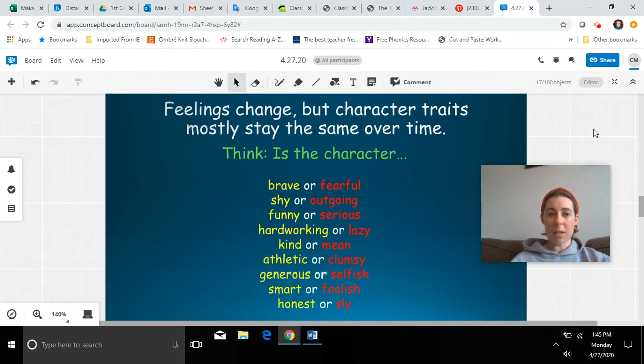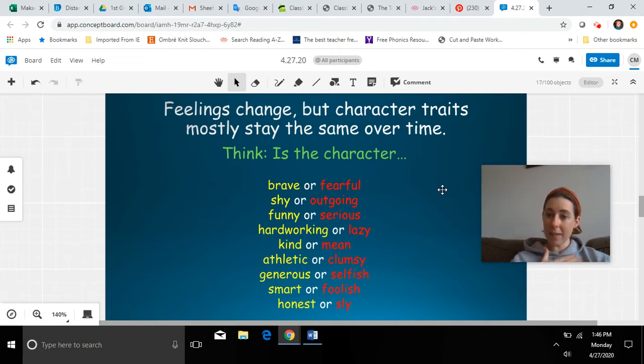Here's something else that's important to know about character traits. It says feelings can change, okay? But character traits mostly stay the same over time. So Miss Makadia one day might be feeling a little bit sad, but the next day I feel happy again.